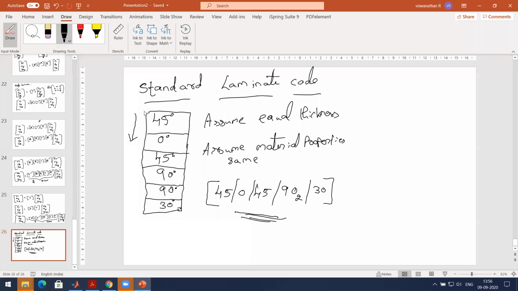This is always from top to bottom: 45, 0, 45, 90 two times, so you put a 2 here, and then 30. Any doubt in this?